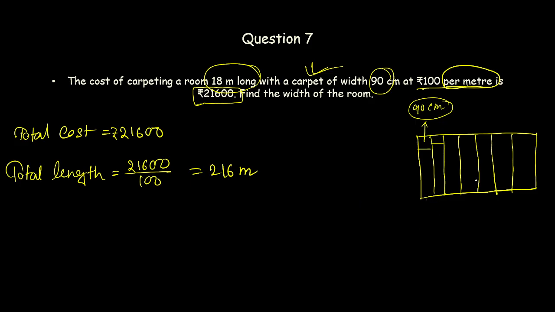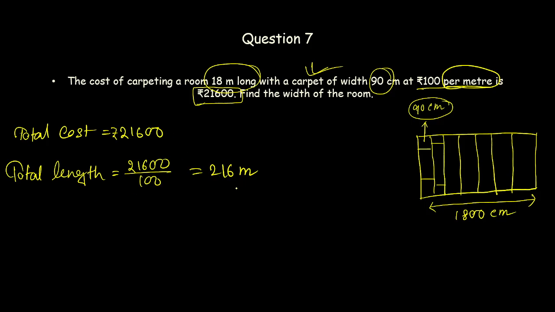So the length from here to here is 18 meter, that means 1800 centimeter. So if we divide 1800 by 90, we get the number of strips, because from here to here is 90, here to here is 90, and that is how it covers the whole 1800 centimeter, right?